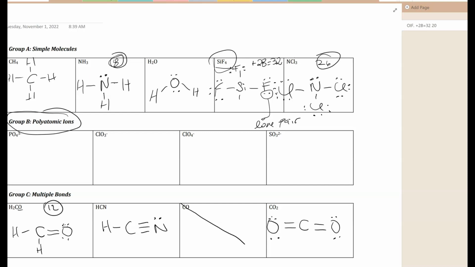Okay. Now, polyatomic ions do some funny things with the way that they're bonded and why they have a charge. So polyatomic ions are a group of covalently bonded atoms, but for some reason, well, there's a reason, but for right now, for some reason, there's an overall charge.